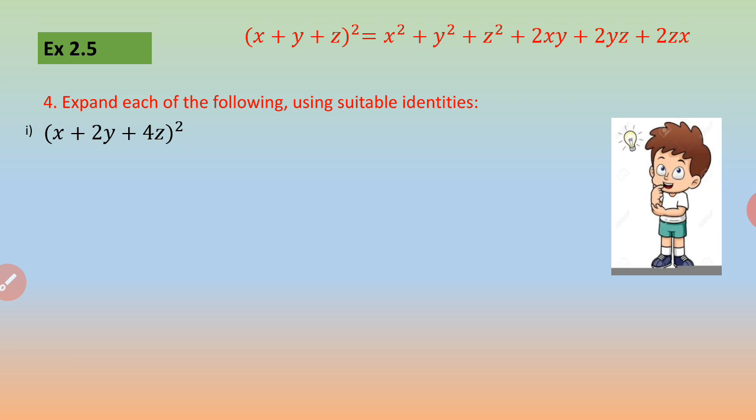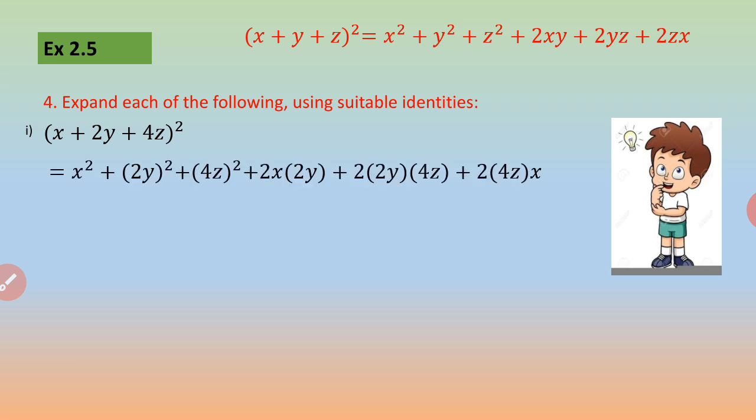With 6 terms in it, 3 terms are square terms and the other 3 are multiples of 2 by taking any two of the variables x, y or z, the terms together. So let us substitute. As this question resembles the left hand side of the identity, our answer will be the right hand side. That will be the expansion.